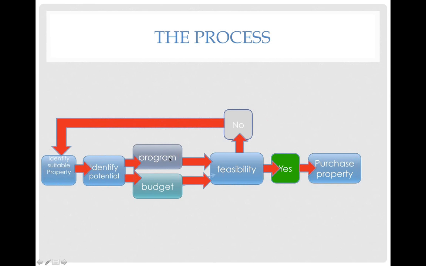I like to do this part and have it worked out before I go into making an offer. When you make an offer on a property, unless you're buying at auction, you have a period of cooling off afterwards, in which time you can apply for your finance and complete your due diligence, the things you have to spend money on, because you don't want to be spending a lot of money on a property that you're not sure you're going to get.